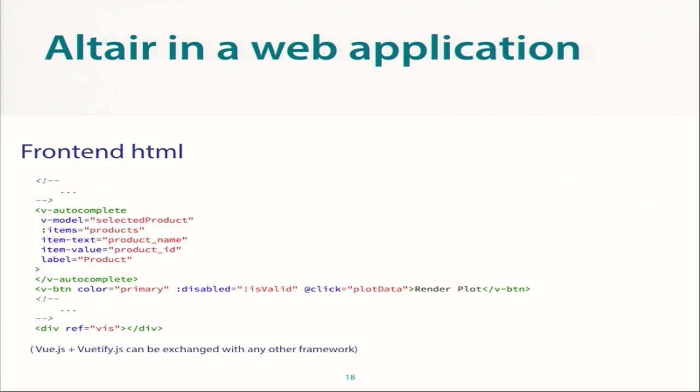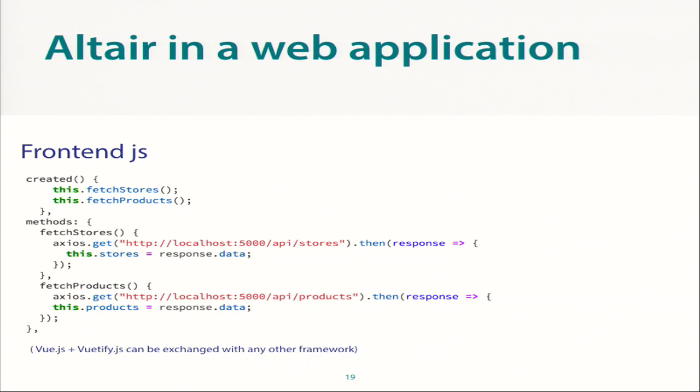The code will be available on GitHub later, by the way, so I will tweet where you can find it. So in our JavaScript code, that's Vue. Here this created function says that when we load the web page, this will be executed.